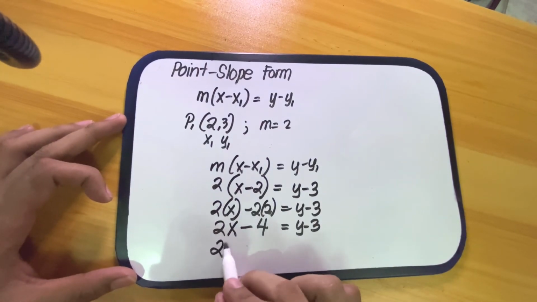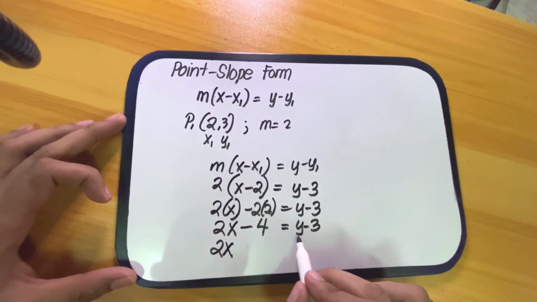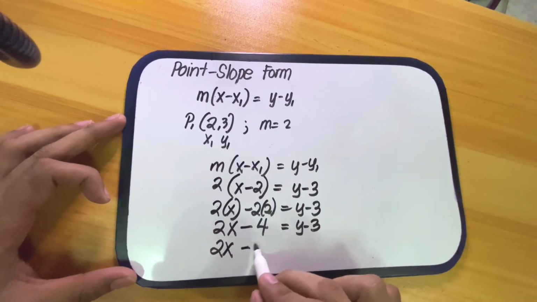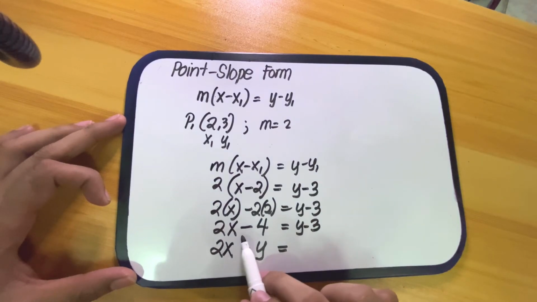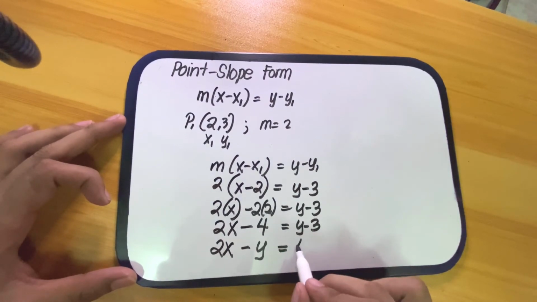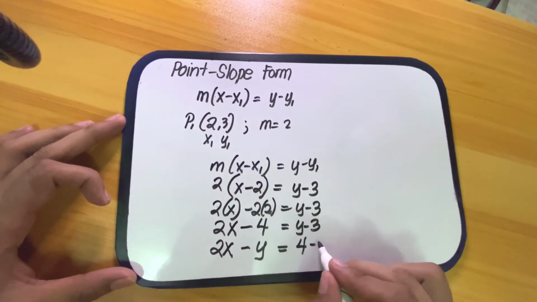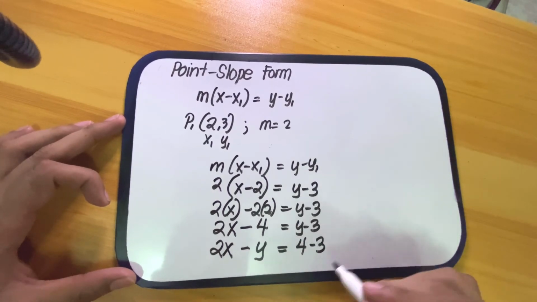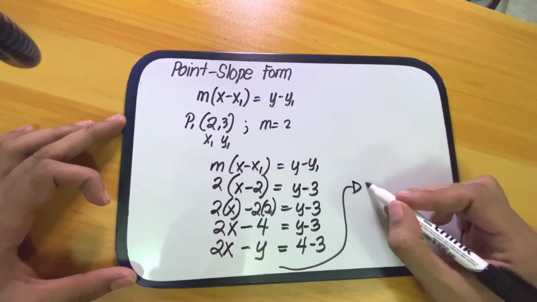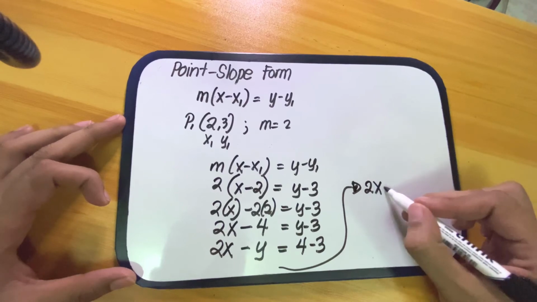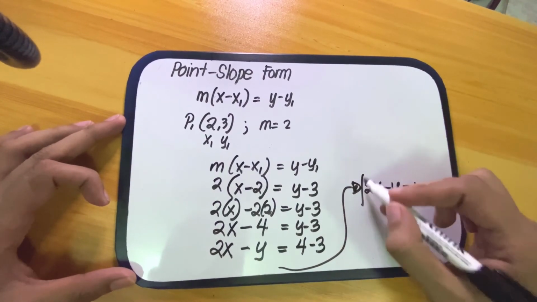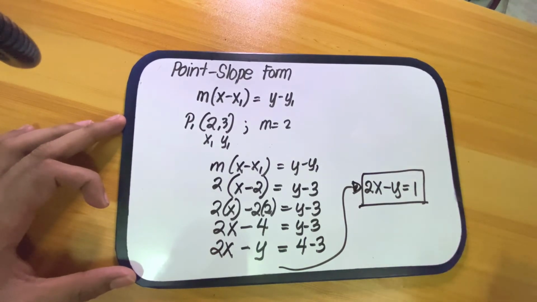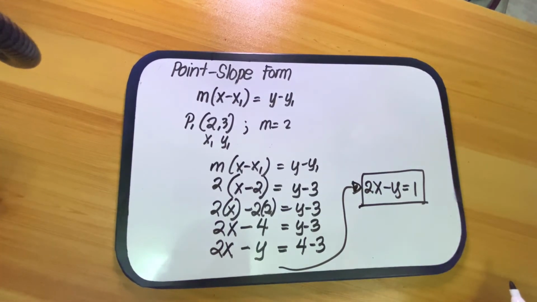Then 2x, positive y from the right side will become negative y or minus y to the left side equals minus 4 will become positive 4. Okay, then minus 3. So copy 2x minus y equals 4 minus 3 is 1. And you have your linear equation. 2x minus y equals 1.